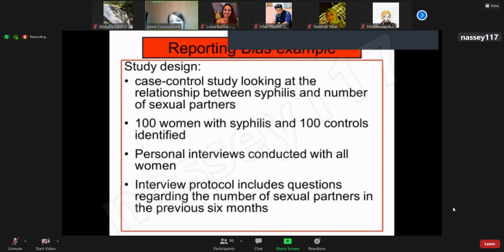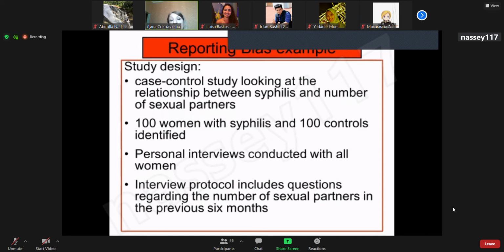It can happen that cases will not report the number of sexual partners because they know that they have a sexually transmitted disease, while controls don't even think about this, and they will give true information. So this is a typical reporting bias.